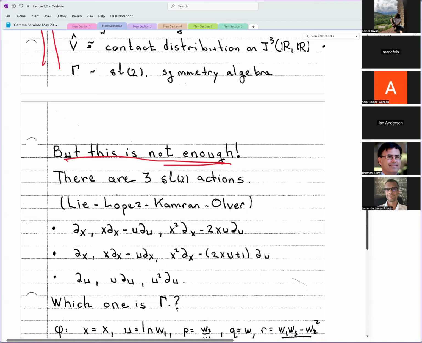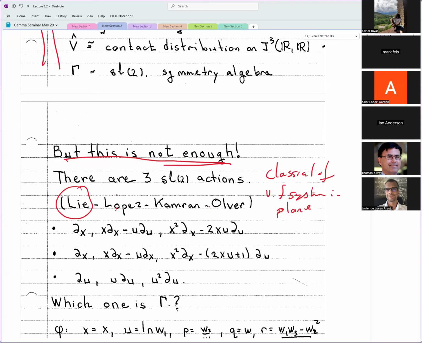So I want to say now, if we look in some classical papers of Lie or the more modern paper by Lopez, Cameron, and Oliver, classification of vector field systems in the plane, or vector field systems in R3 preserving the contact system, either way.